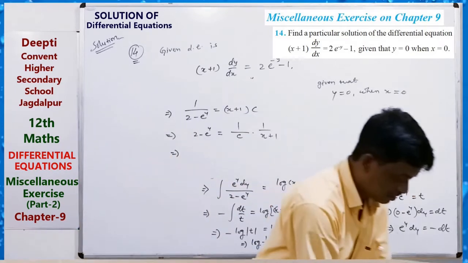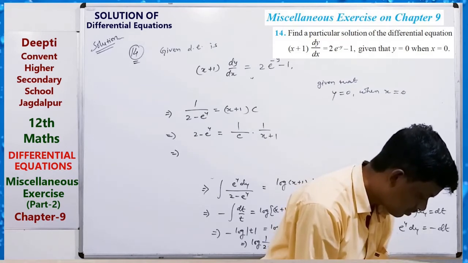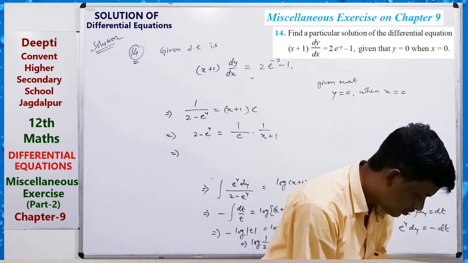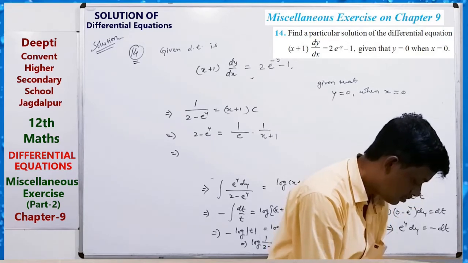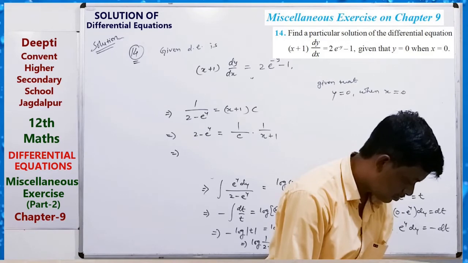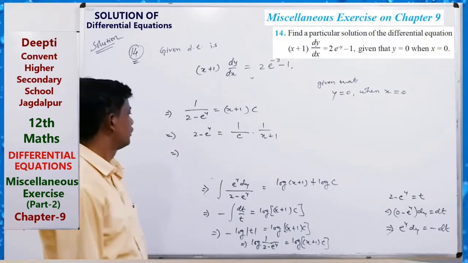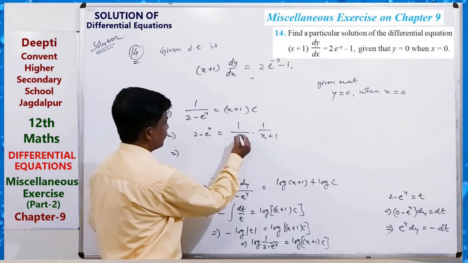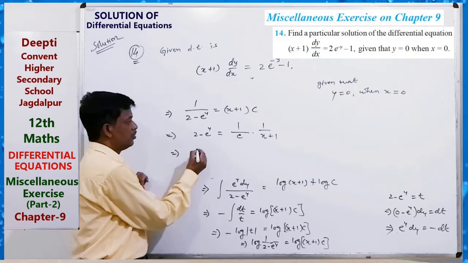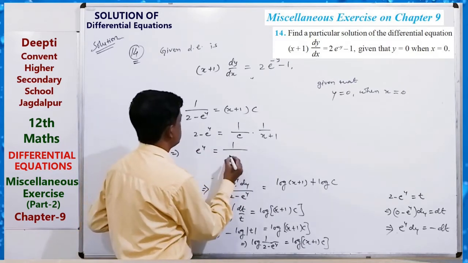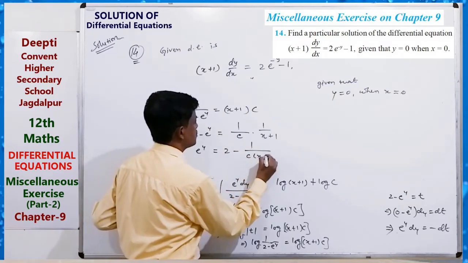So e to the power y equals 2 minus 1 upon c(x plus 1).